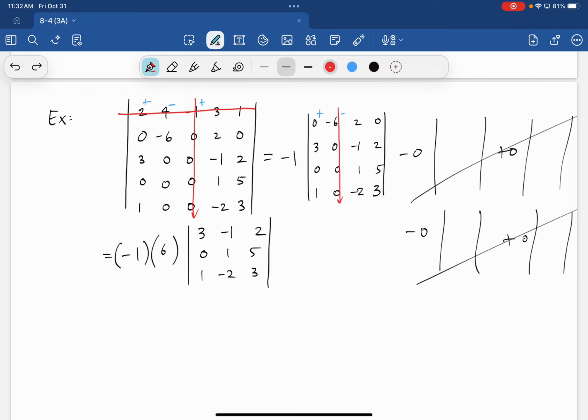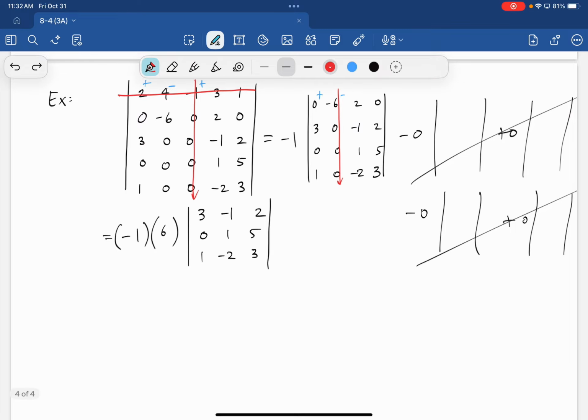All right, I'm going to keep going. Now I'm going to expand via the first column because that has a 0 in it, so it'll save me at least one step. So I'm left with -1 times 6 times, crossing out this row and column, 3 times the determinant of 1, 5, -2, 3, and then minus 0 times something, so that cancels out, plus 1 times the determinant of -1, 2, 1, 5.